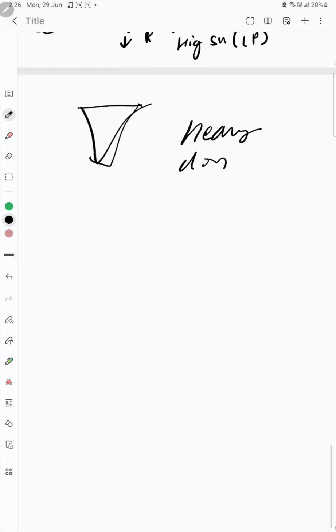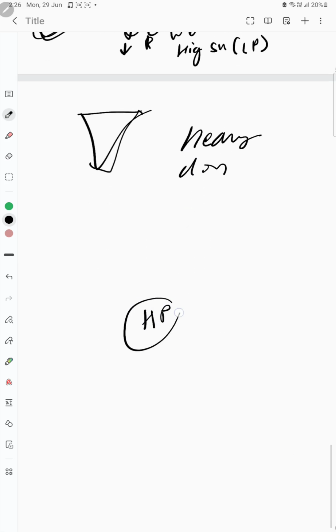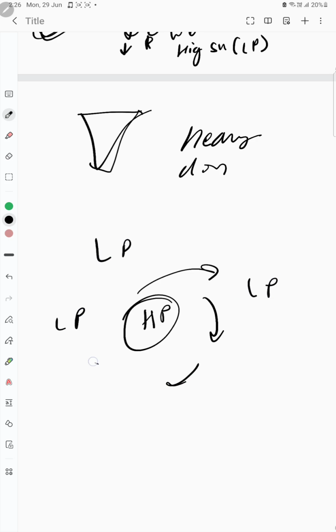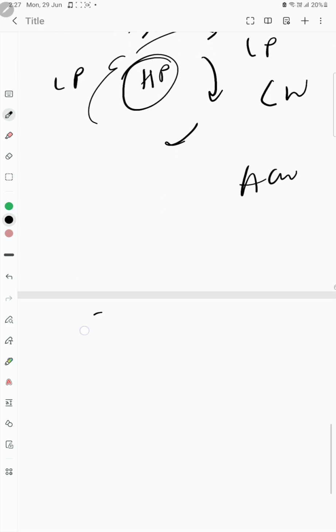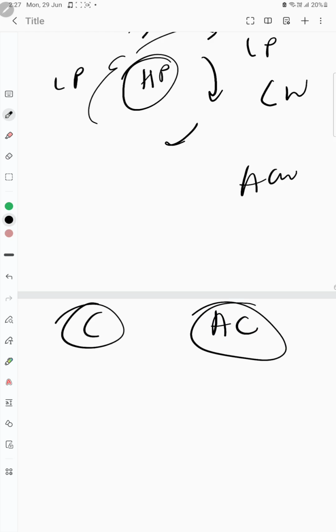Now what is this anticyclone? In an anticyclone we have a high pressure center and the air moves outward to the surrounding low pressure. In the northern hemisphere we have clockwise movement, in the southern hemisphere we have anti-clockwise. So you can see cyclone and anticyclone. For a strong cyclone you should have a strong anticyclone.